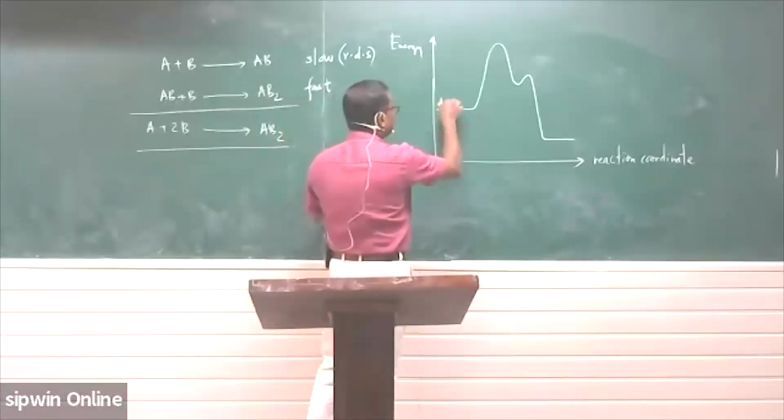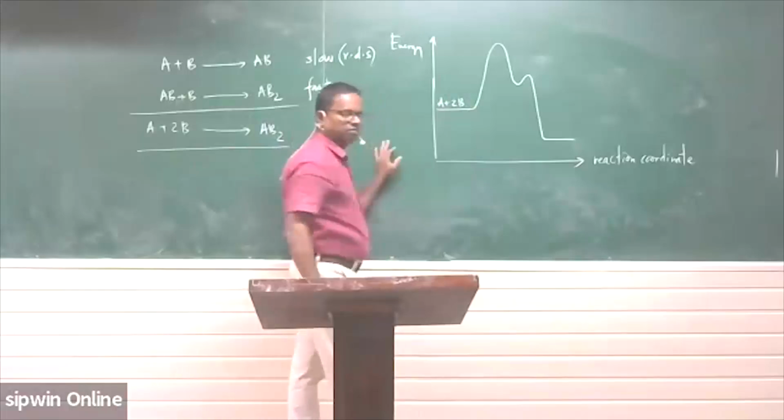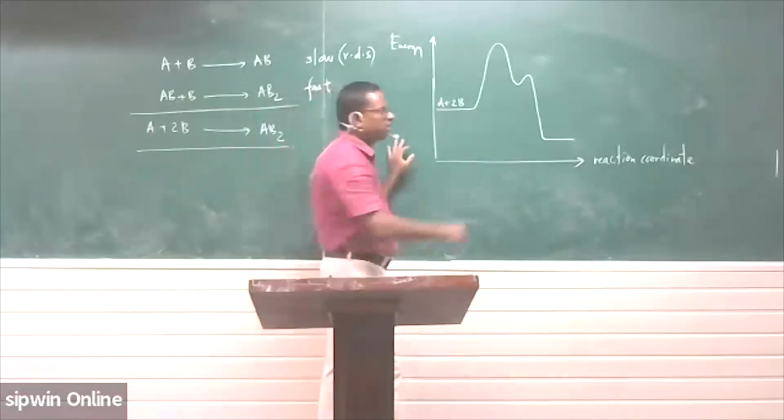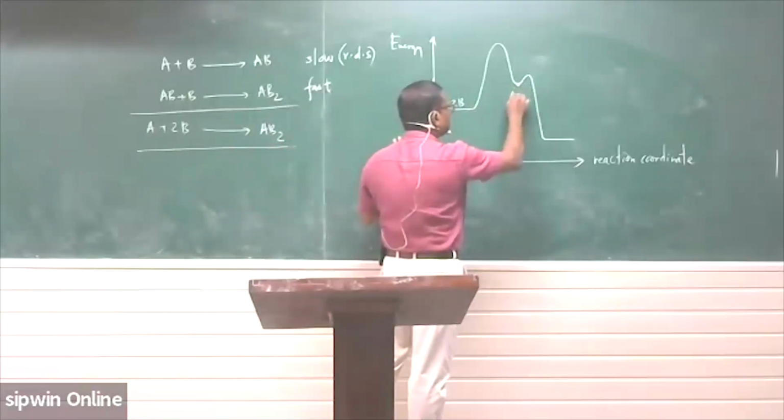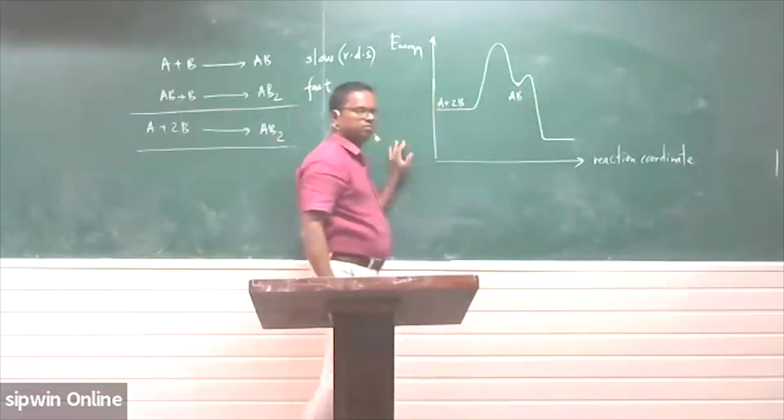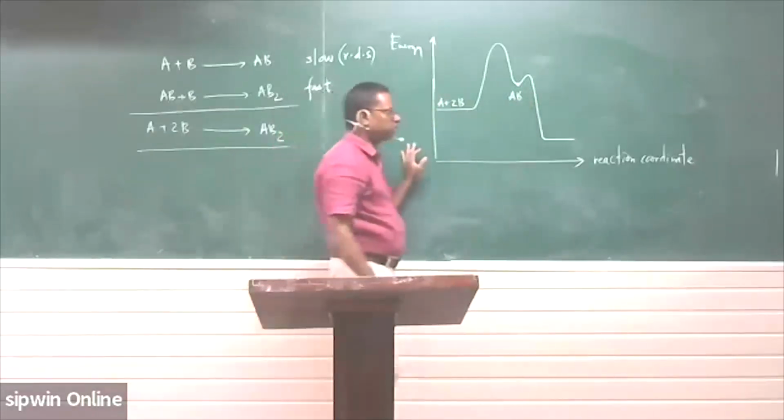A plus 2B at the start, intermediate here AB, product here AB2.